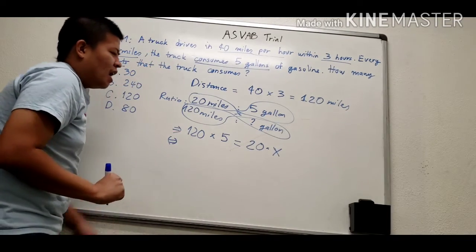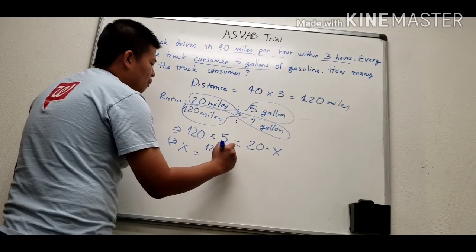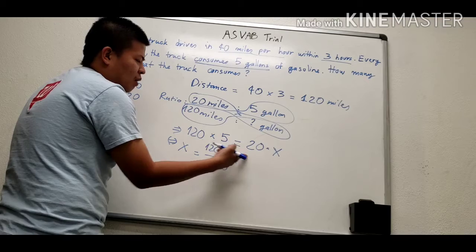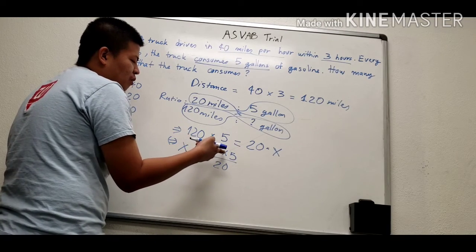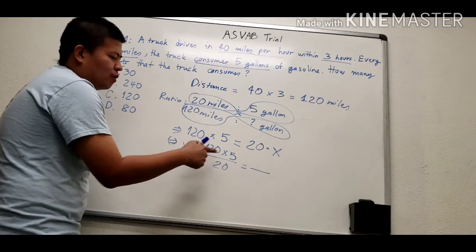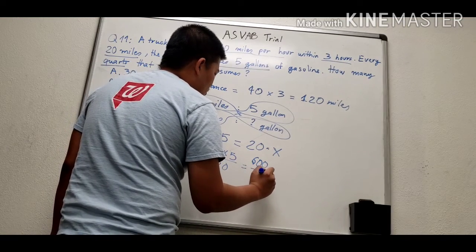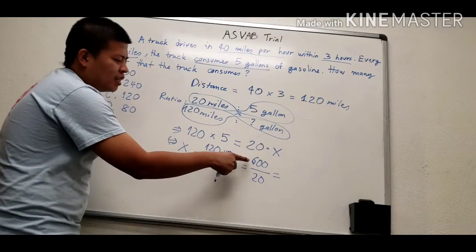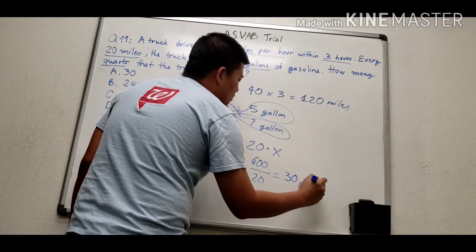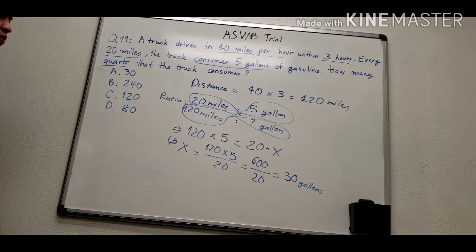So to find the s, we have 120 multiplied by 5 and divided by 20, because we divide both sides with 20. 120 multiplied with 5 is 600, and we have 20. 600 divided by 20 is 30 gallons. This is step number 2.